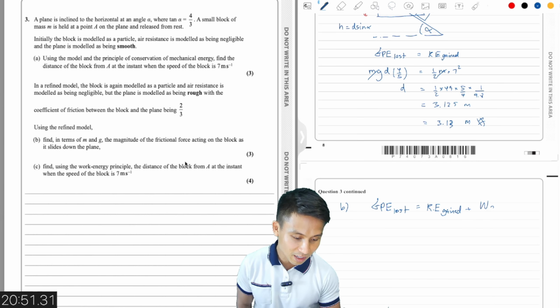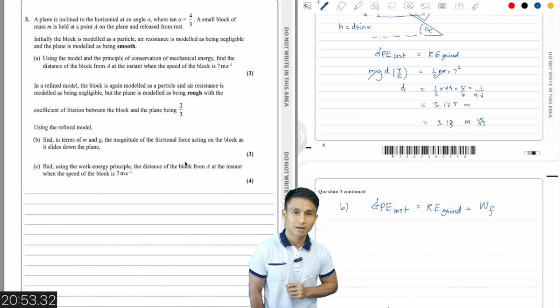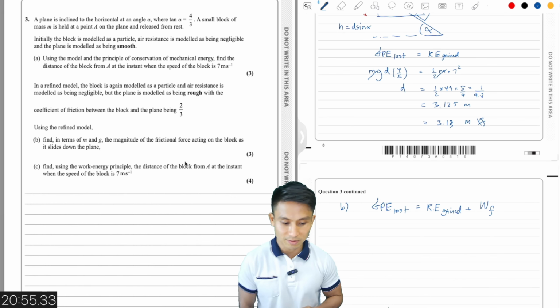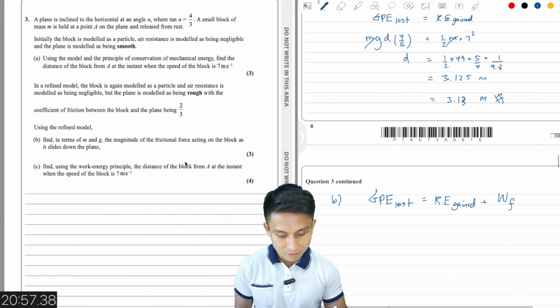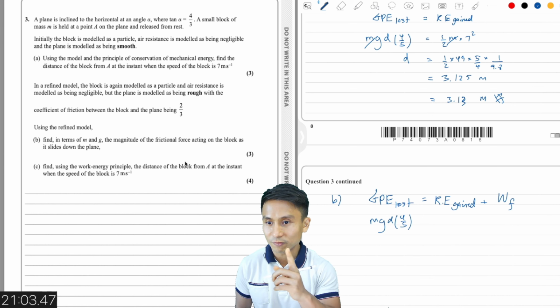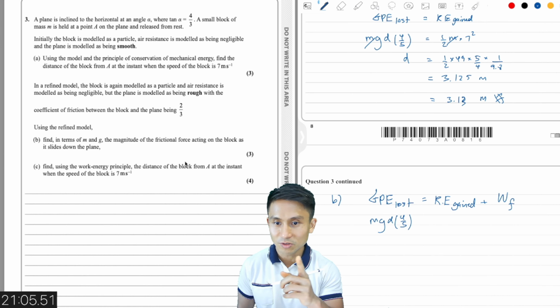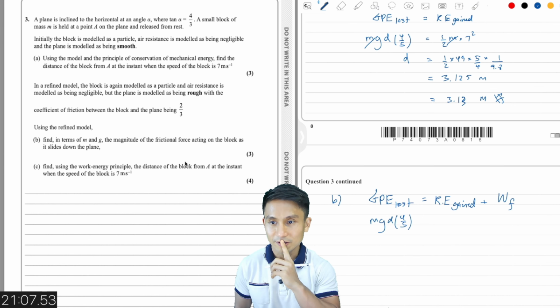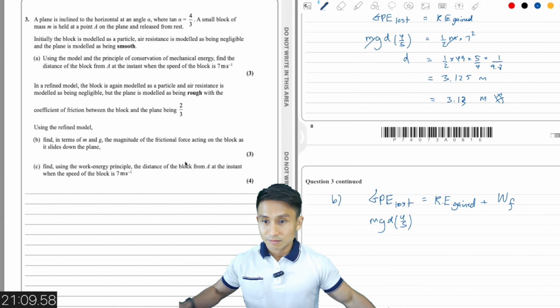So this is work done against friction as well, an additional term there. Everything here is the same, so mgd times 4 over 5 again. Do we find the same thing? The magnitude of the frictional force. Wait, hang on.